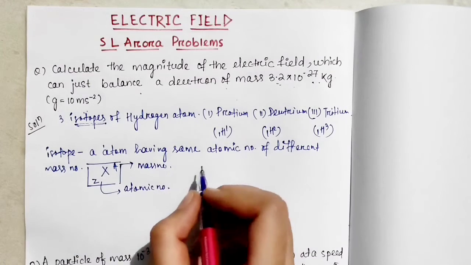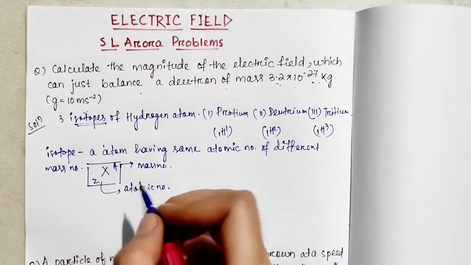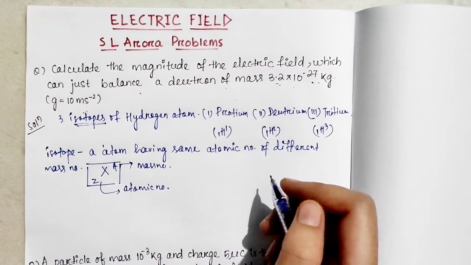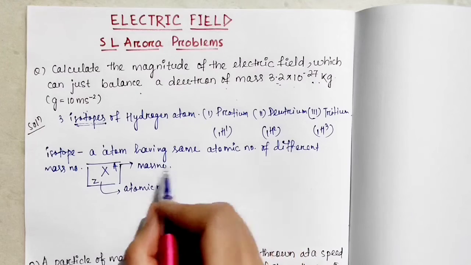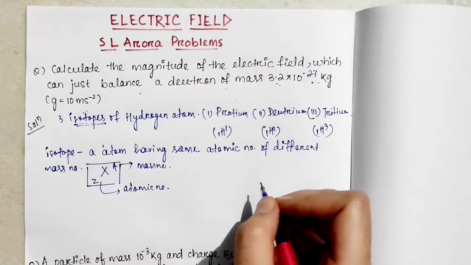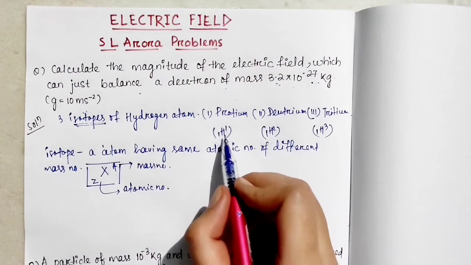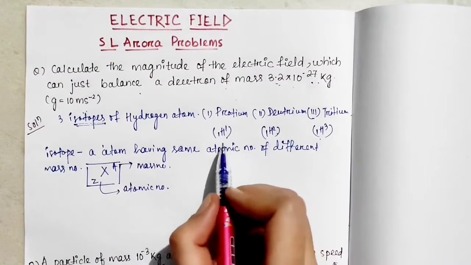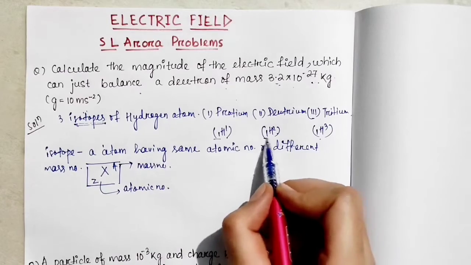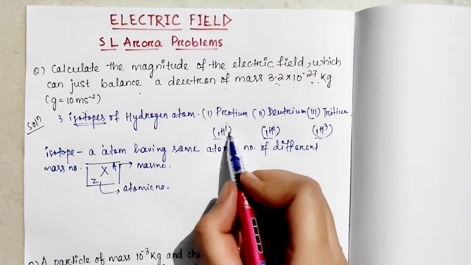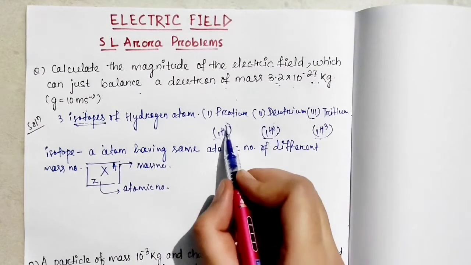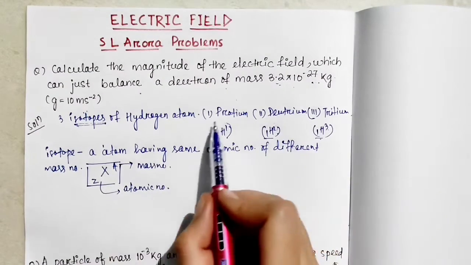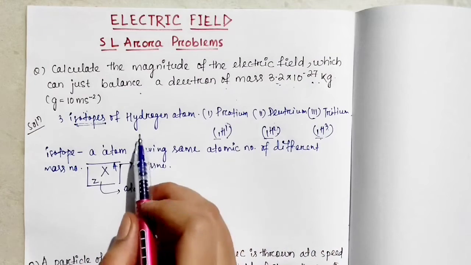You can read further in your nuclear physics chapter, but here is some idea about isotopes. As we can see, the protium, deuterium and tritium atoms have the same atomic number, that is 1, 1, 1, but different mass numbers, that is 1, 2 and 3. So we call these the isotopes of the hydrogen atom.